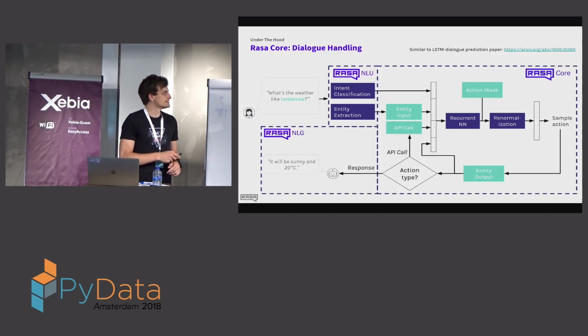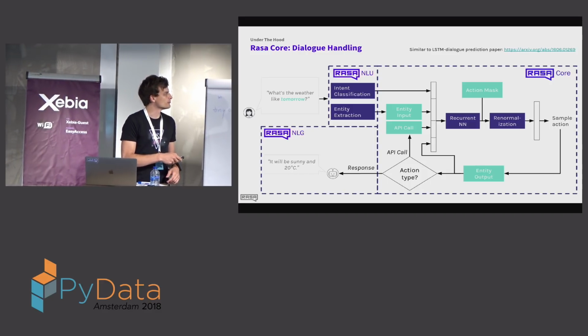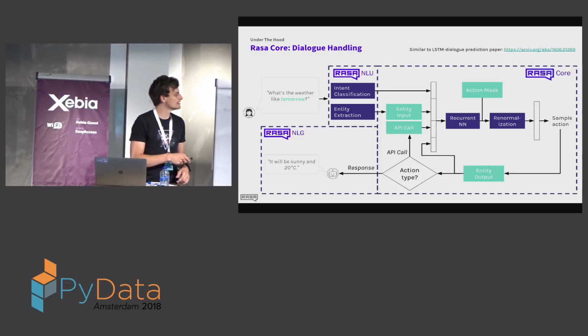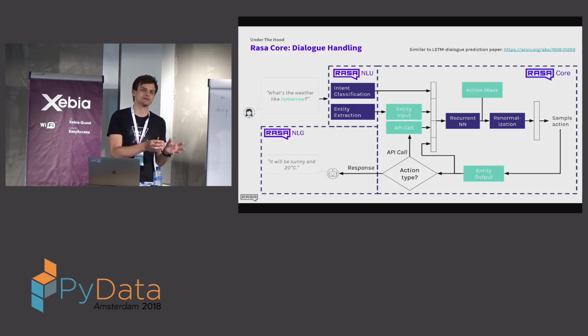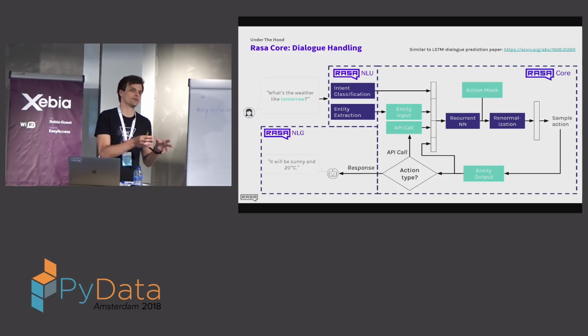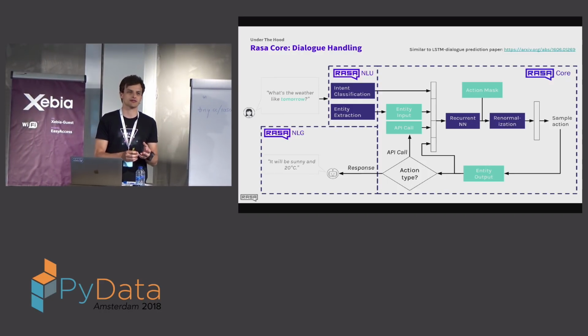One important part is this loop here, right? This prediction loop between the model here and an action that gets executed down here can be repeated multiple times. So it's not always one user input and one bot action. It can also be one user input, 5 bot actions, and then we wait for the next user input.